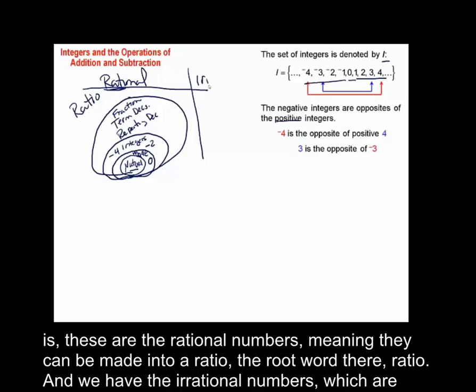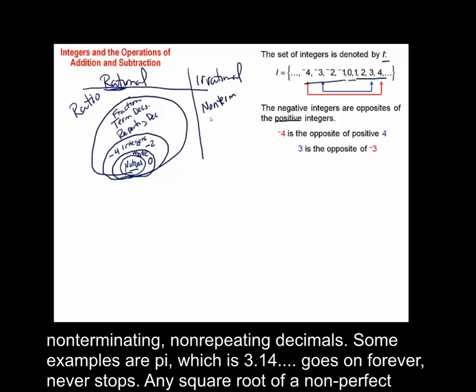And we have the irrational numbers, which are non-terminating, non-repeating decimals. Some examples are pi, which is 3.14... goes on forever, never stops.